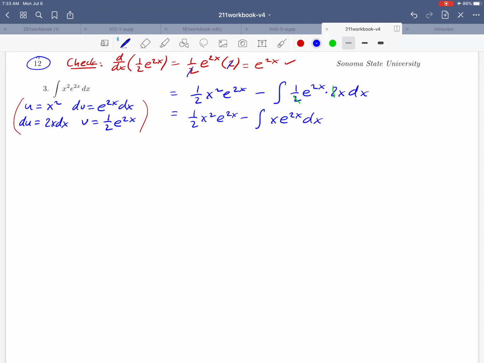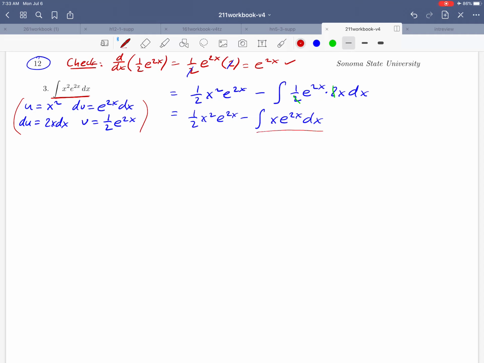Okay, so to finish this problem, we need to integrate x e to the 2x. Can we do that? Okay, well, that integral is not quite simple enough to do directly because of that extra x term that's there, but I would like you to notice that it is simpler than the integral that we started with. So we started with an integral that had an x squared in it, and we worked it down to an integral that just has an x in it.